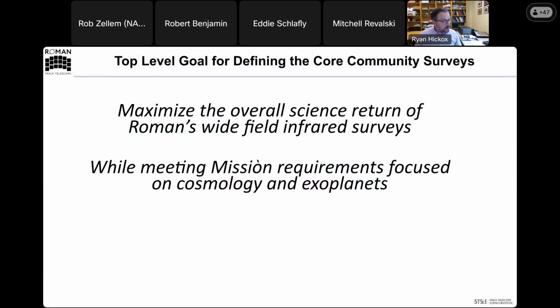The top-level goals for defining these surveys are to maximize the overall science return of Roman's wide-field infrared surveys while meeting mission requirements focused, as I mentioned, on cosmology and exoplanets. But Roman really is an enormous step forward, as I think probably everyone on this call knows, in terms of capability of doing high-resolution, sensitive space-based infrared observations, to an extent where its survey speed is 1,000 times faster than the Hubble Space Telescope.